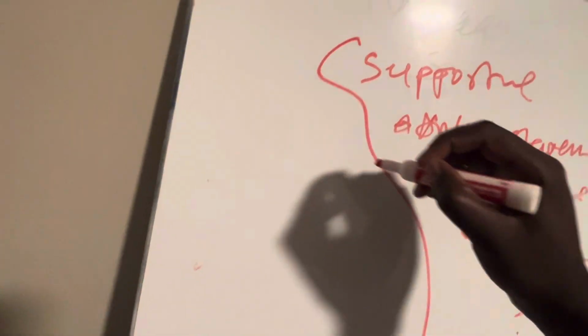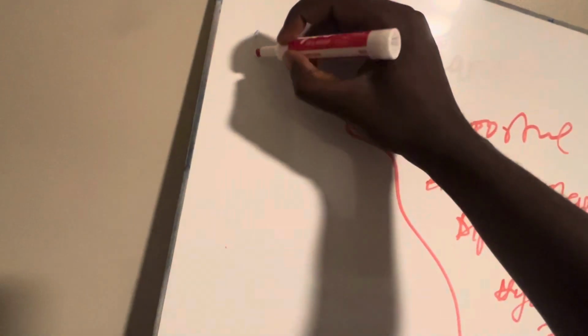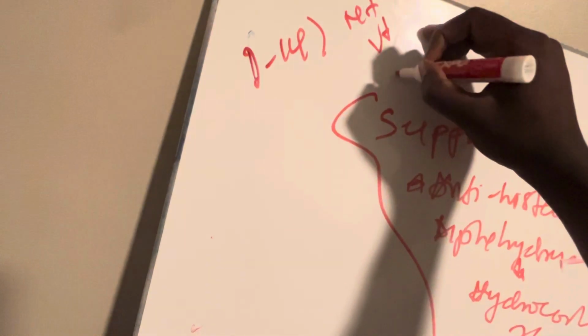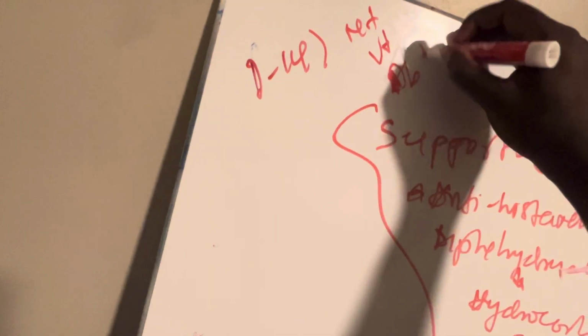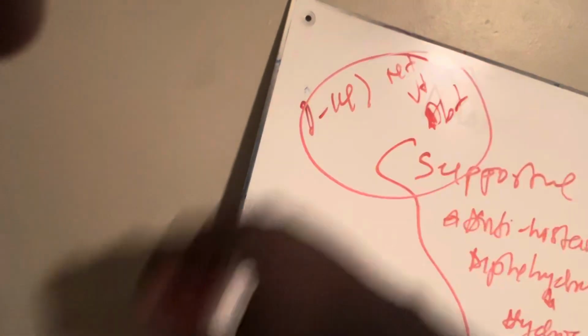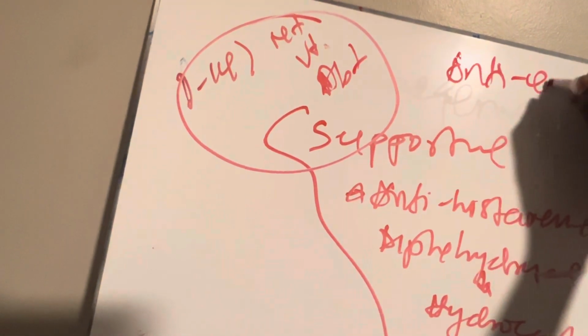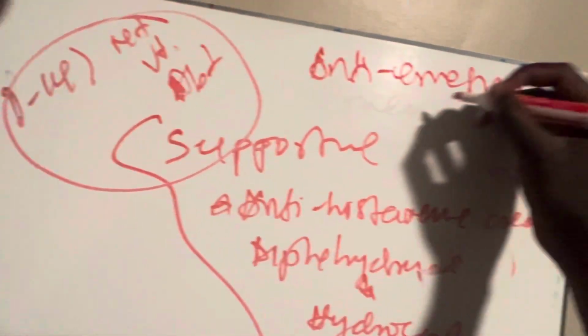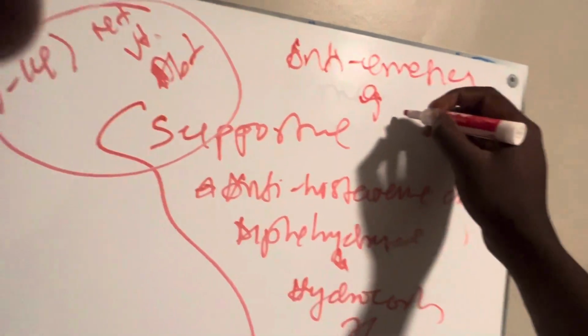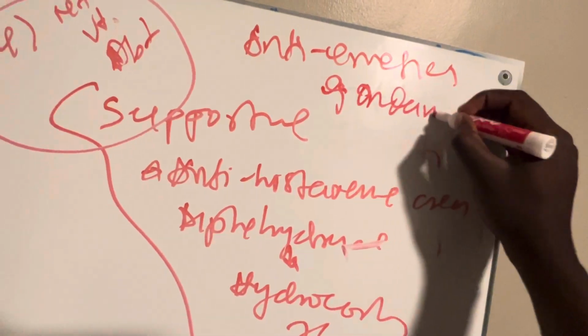For the nausea, usually in the initial days, especially the first 7 to 14 days, there's usually nausea and vomiting and abdominal pain. So you can encourage the patient. You can give antiemetics, e.g. ondansetron.